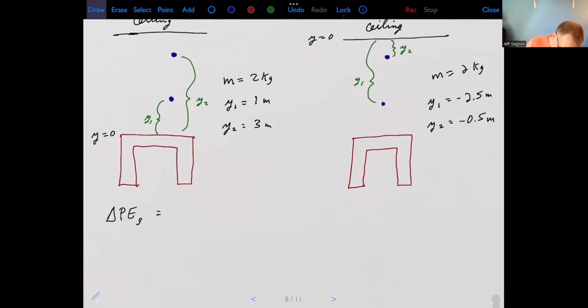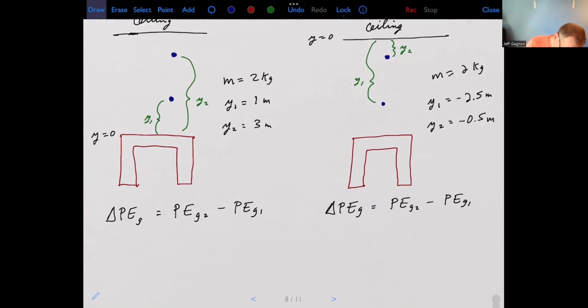So that's going to be PE final, I'll call it PEG2, minus PEG1. And then same thing here. So I have the change in gravitational potential energy is PEG2 minus PEG1, right? It's the final position minus the initial position. It's moving from 1 to 2.